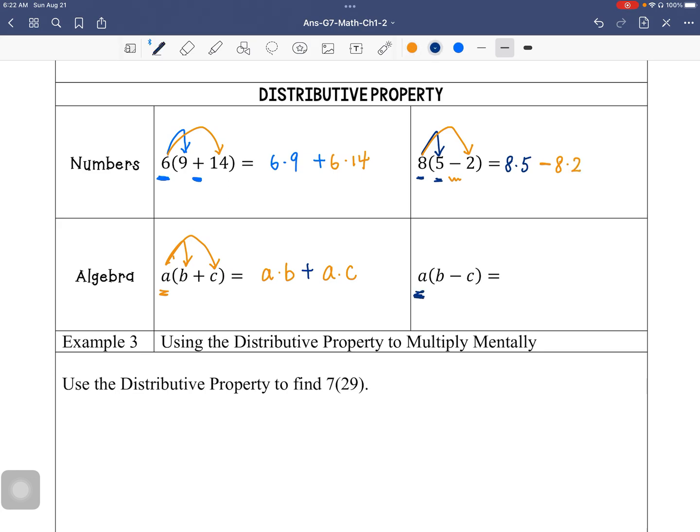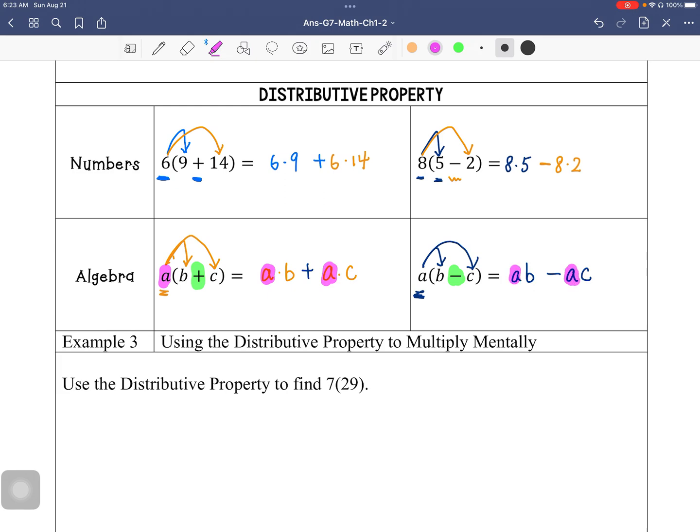For this one from the outside, A times B, then minus A times C. Okay, so I keep the sign in the middle and then multiply the first number, second number, first number, second number.